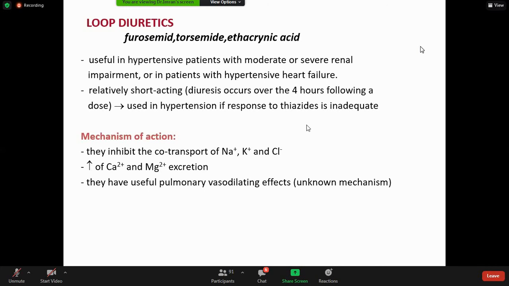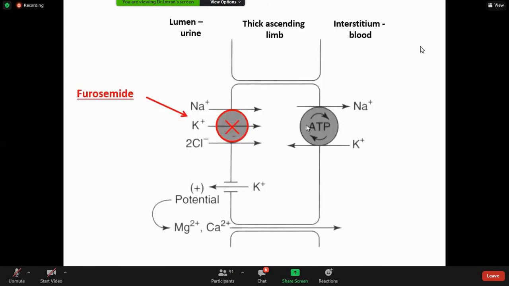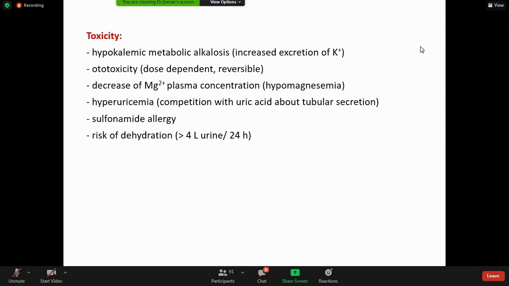The mechanism of action we have already discussed: the thick ascending limb of the loop of Henle. Toxicity: hypokalemia, just like in thiazide diuretics. Ototoxicity is important because loop diuretics are sulfur-containing compounds. If a patient is taking multiple drugs or a different drug regimen for different comorbidities, we have to be very, very careful.